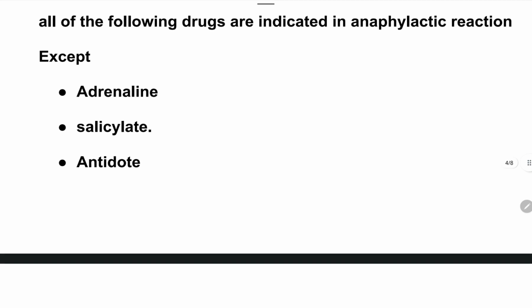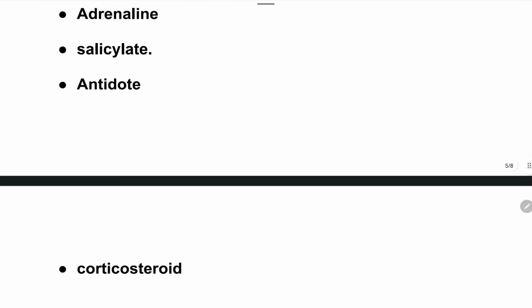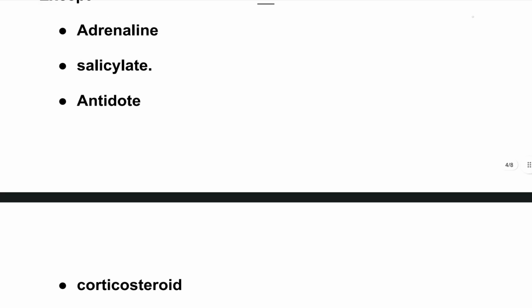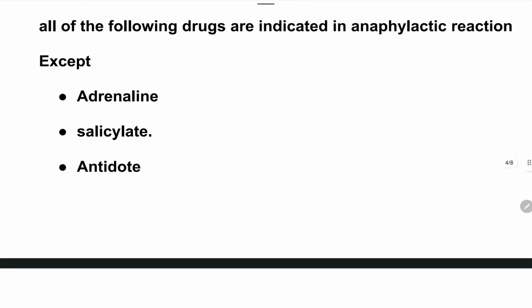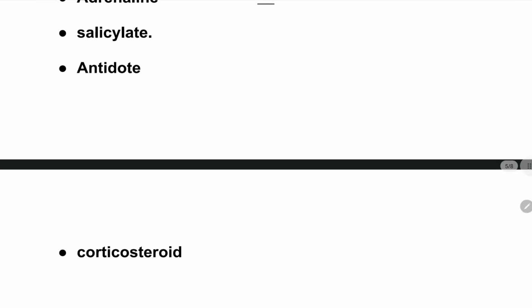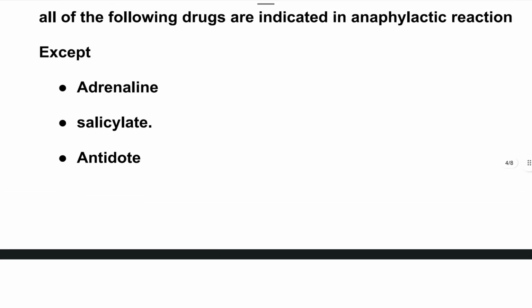The options are adrenaline, salicylate, antidote, or corticosteroid. The right one is salicylate. Salicylate cannot be given in anaphylactic reactions, but adrenaline, antidote and corticosteroids are drugs we can use in the case of anaphylactic reaction.